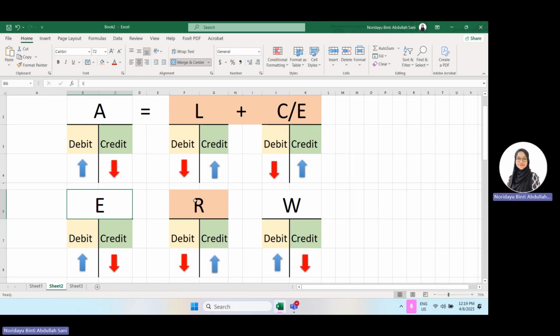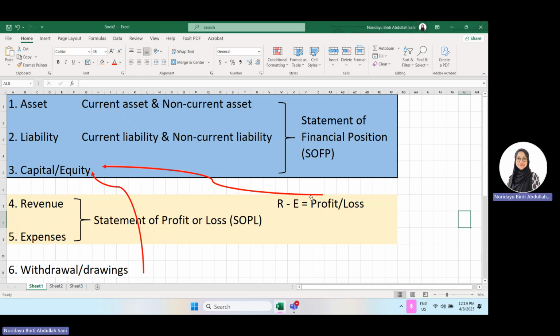Remember just now, you have revenue, profit will increase your capital. So if you ask me what is the double entry of profit, profit always increases on credit because it follows the nature of capital. When you have more profit, you send it to capital.